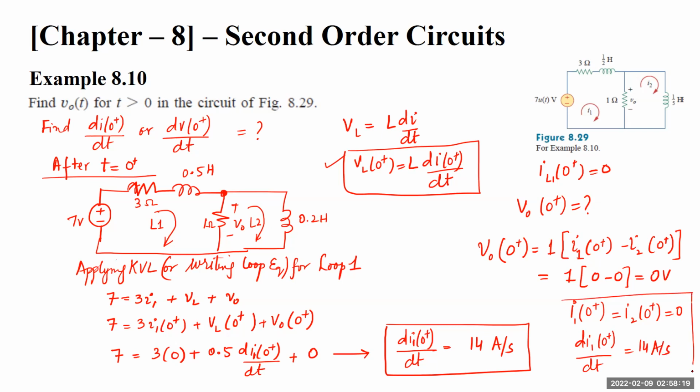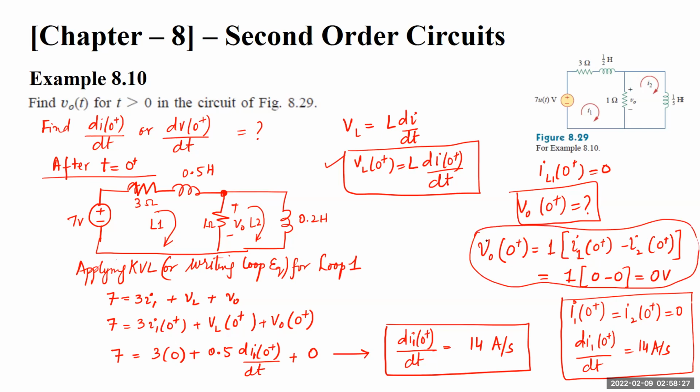Also add the initial condition V0 positive over here as well. So these are the initial conditions we found, voltage and current. We can easily see that for current I1 we have both initial conditions, so it's good to develop the differential equation for this current I1.